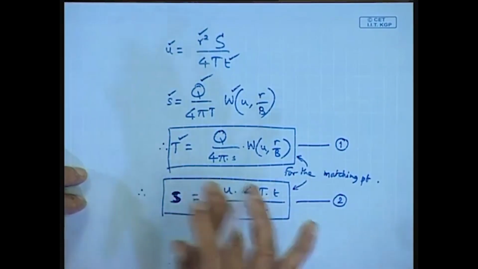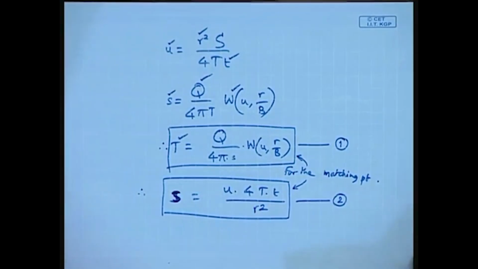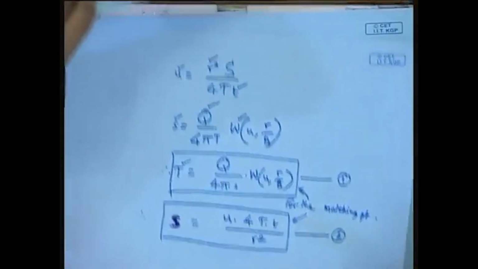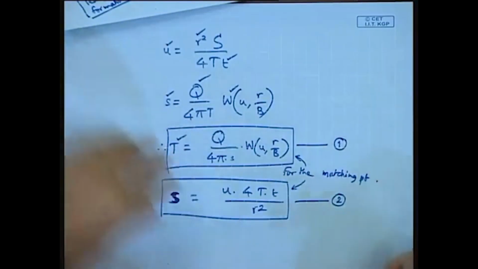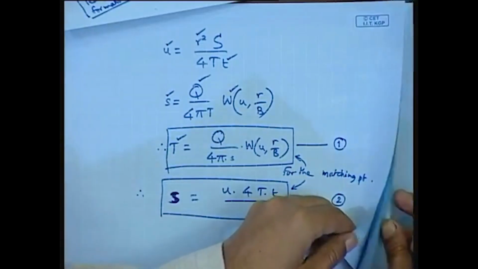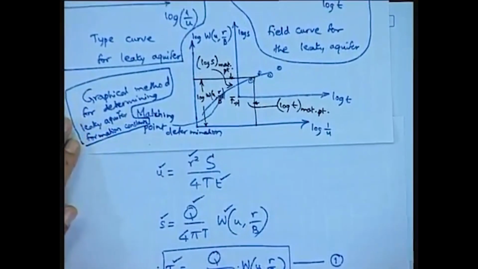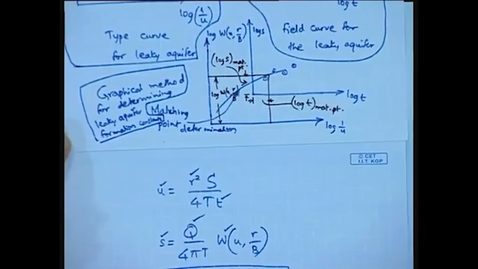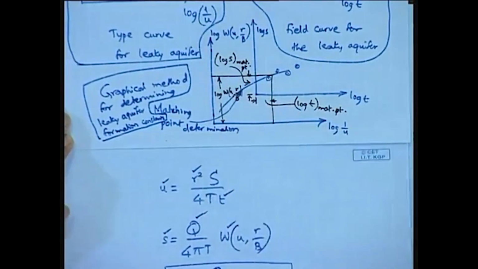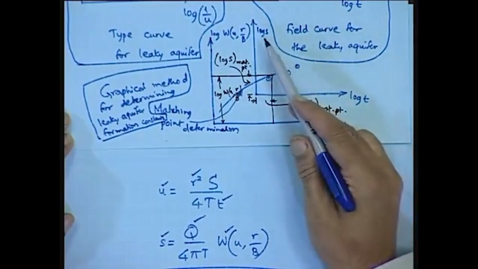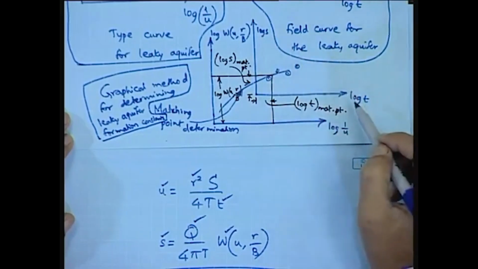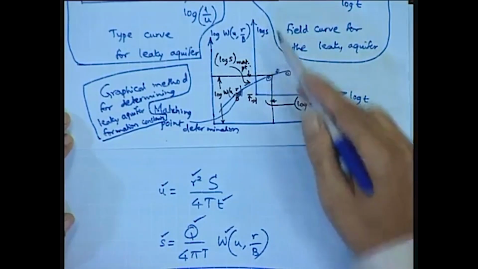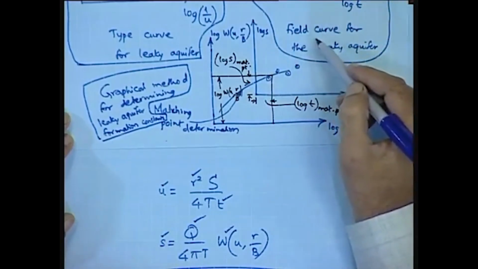So, like this, once we match both the curves, similar to the one we did in the confined aquifer, we are matching the individual points based on the pumping test data, wherein the drawdown as well as the time since pumping is plotted in the curve known as the field curve.